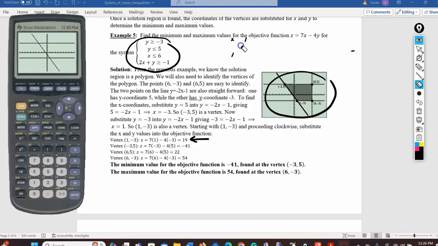And if I go clockwise, my next vertex is -3, 5. And so now my objective function becomes 7 times my x value minus 4 times my y value, which is going to be -21 minus 20, which is going to be -41.